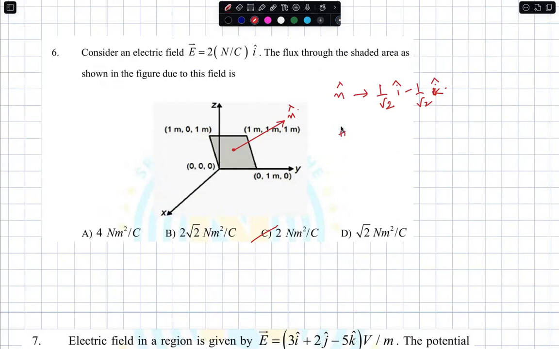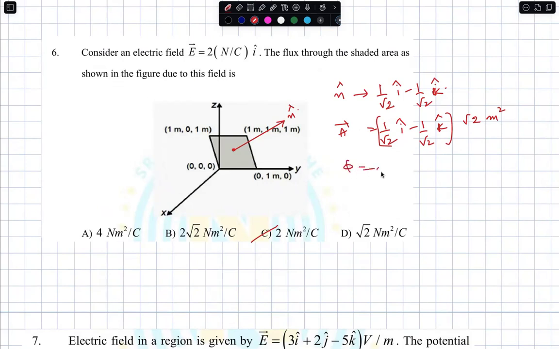So what is the area vector? Area vector is 1 by root 2 i cap minus 1 by root 2 j cap, k cap times, here this is all unit vector. So therefore, you need to get the area as 1 meter square. So that is the area.